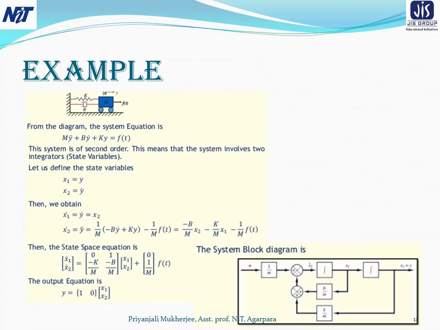So x2 dot becomes 1 by m into f(t) minus b by m into x2 minus k by m into x1. So this feedback path has been completed, and it represents the state equation. And the output equation is y is equal to x1. So y is the same as x1, and this represents the output equation.